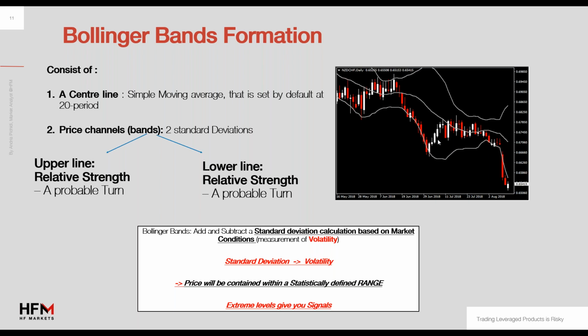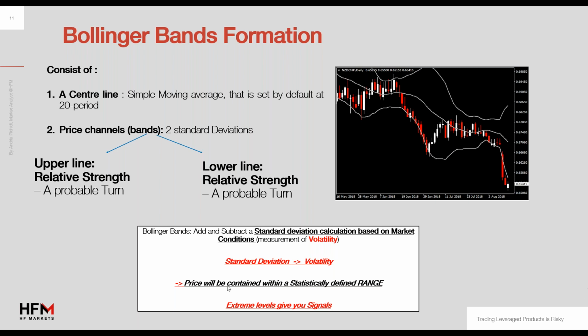The good thing about Bollingers is that they give us a price range, because they are calculated based on the price of the asset, and more precisely the average price of the asset, and they give us the positive and negative range of the price action.